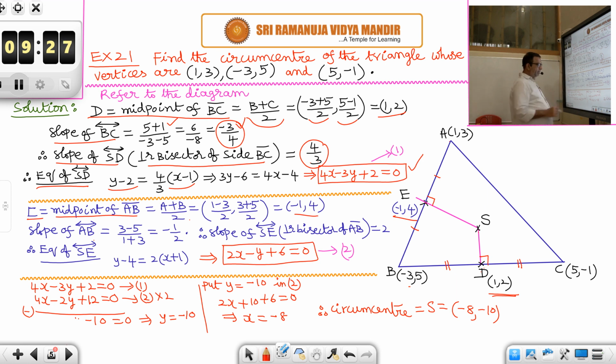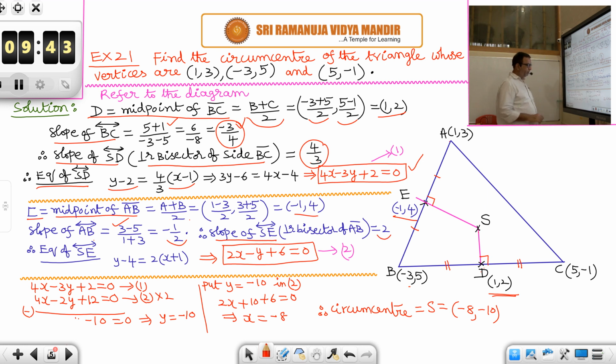Difference of y coordinates by difference of x coordinates gives the slope of AB as minus 1 by 2. Therefore the slope of SE, which is perpendicular to AB, will be equal to 2.